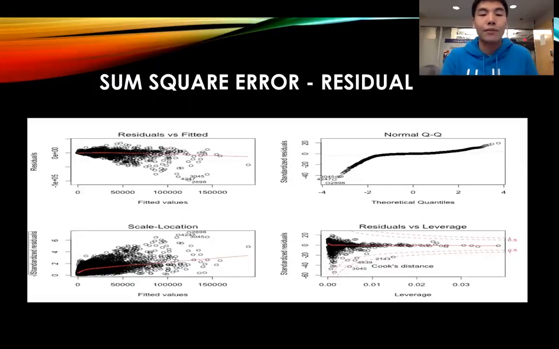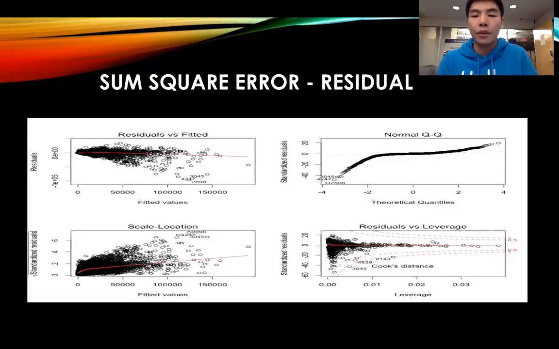Based on these plots, we can see the residual versus fitted value plot does not seem to be that good, because it does not seem random at all. We can also see there is some obvious trend on those plots. So we probably have to find a way to clear or minimize these kinds of problems.